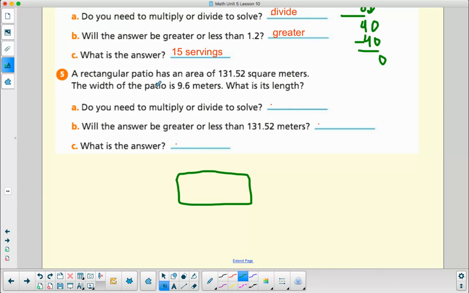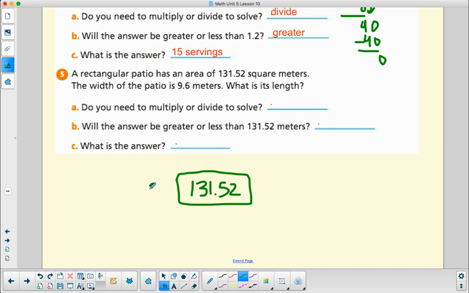So they told me the area is, the space inside it is 131 and 52 hundredths square meters. I'm not going to write that because I don't have the space, or can I do it with this pen very well?